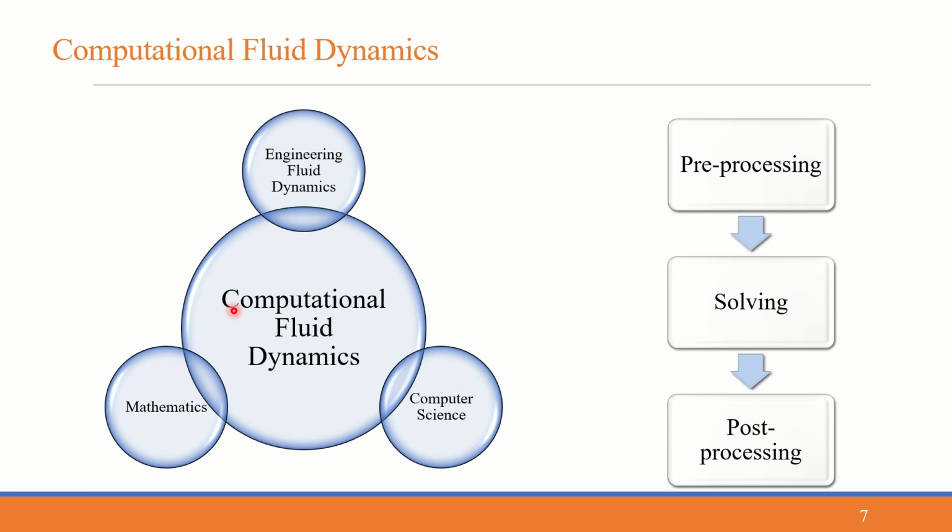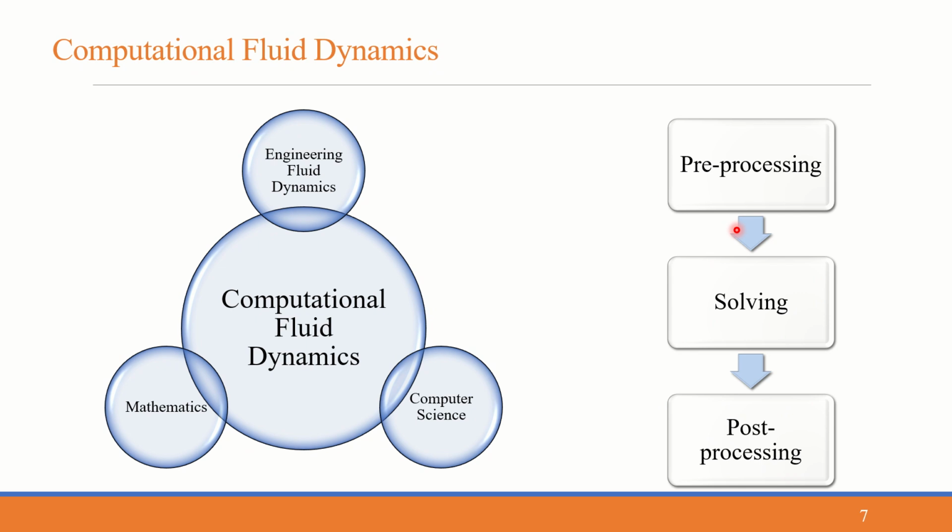So that is this. And what we do in CFD, if we divide it into three categories, the first one is pre-processing, the second one is solving, the third one is post-processing. What we do in pre-processing: we have one system in our hand, and for example, let us take our classical example of water flow in a pipe. For that pipe, we need to know the geometry, like its dimensions.